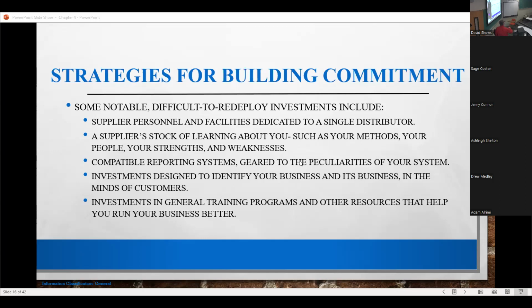They need to identify your business as their business. And so steel distributorships, even if they have the name of a single individual who owns that organization, are synonymous with steel tools. And then finally, investments in general training programs that help you run the businesses better.